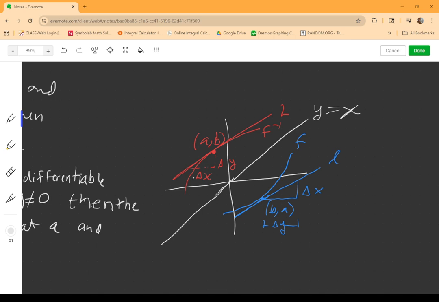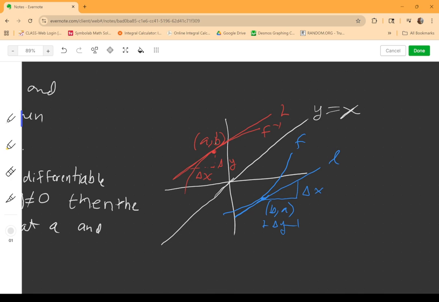So here if you see this delta x in the red, it is the value along the vertical for the f. And vice versa, the delta y here is the value along the horizontal. And this point (a, b) on the inverse is actually the point (b, a) on the function f.